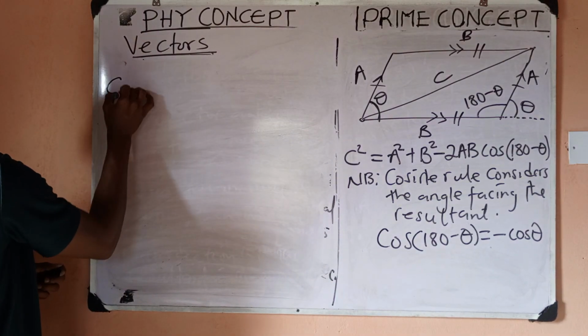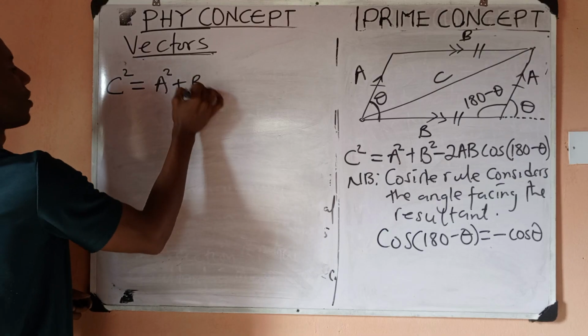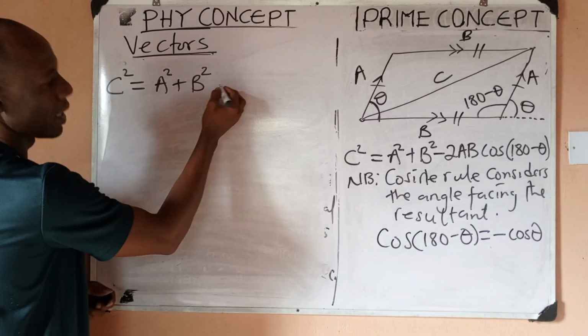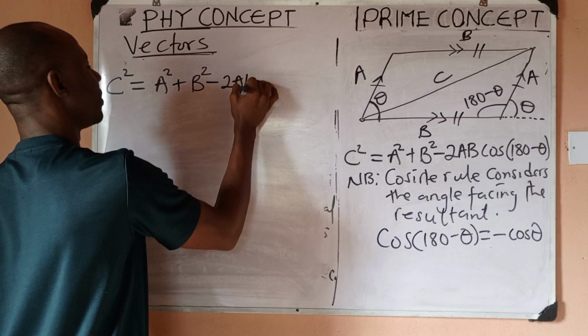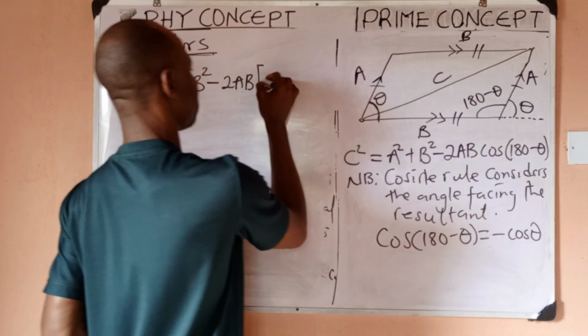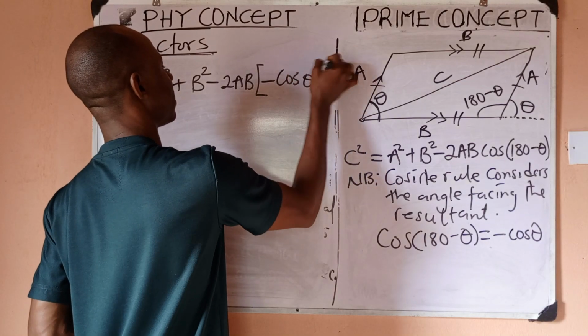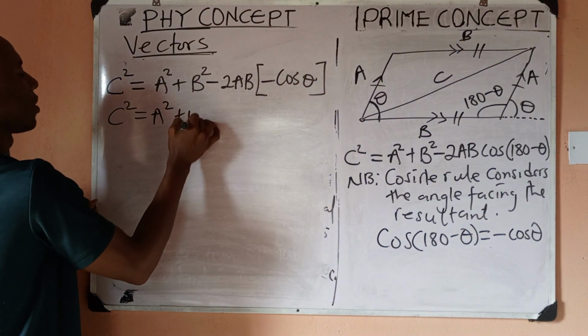So I'll then have C squared equals A squared plus B squared. Then this minus, when I introduce, or let's still write minus 2AB into what? Now I'm replacing this with minus cos theta, so that I can say C squared equals A squared plus B squared.